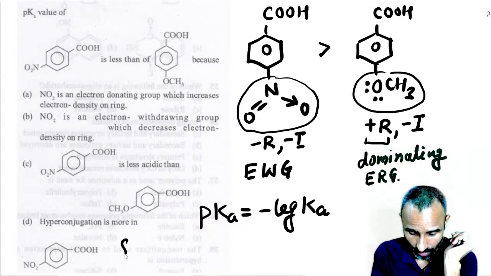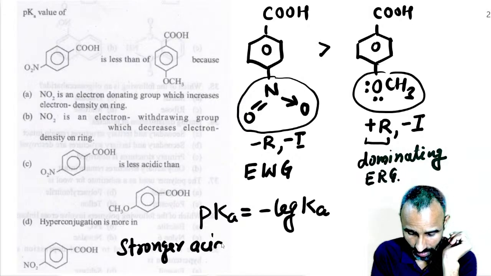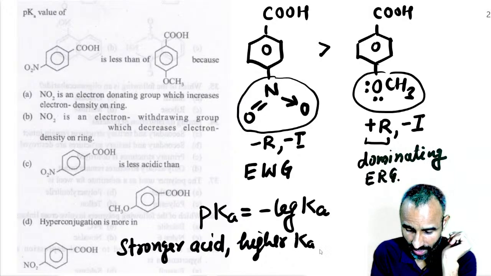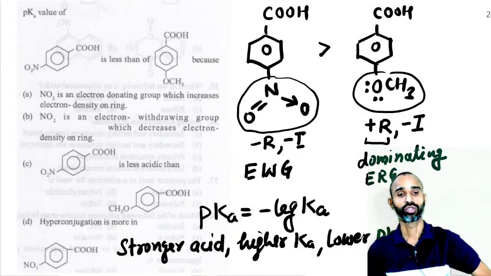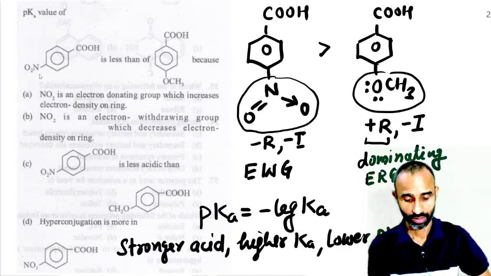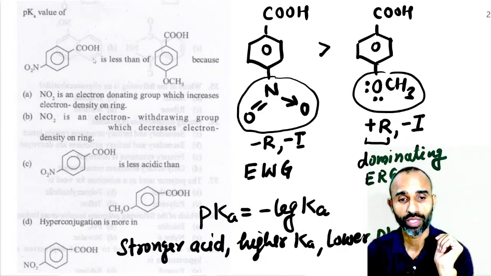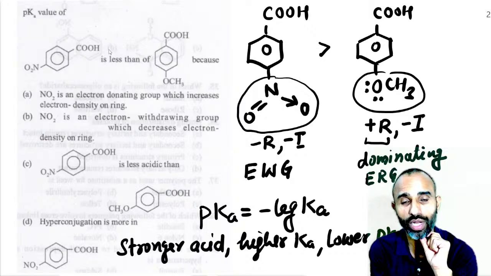So a stronger acid has higher Ka and lower pKa. So the pKa value of para-nitrobenzoic acid is less. That means it is more acidic.